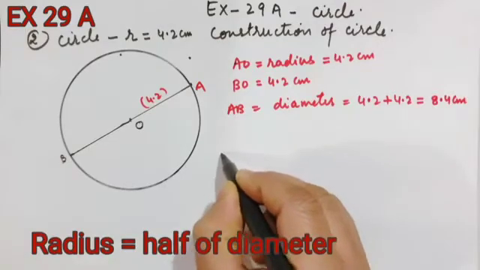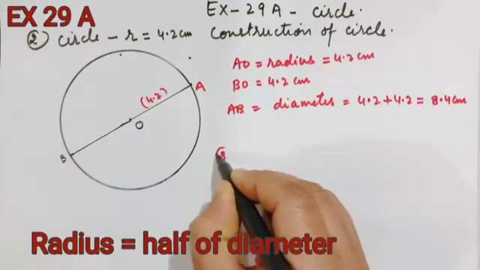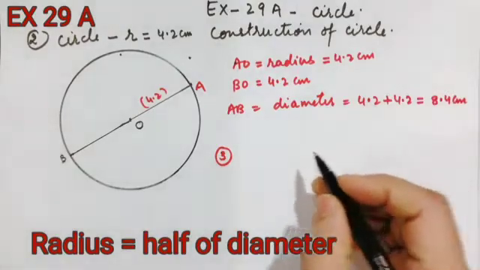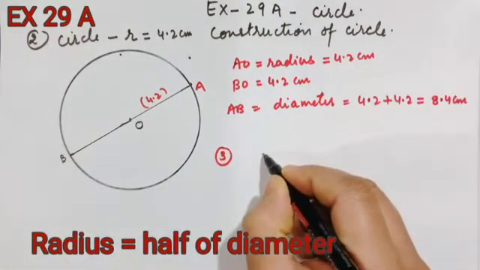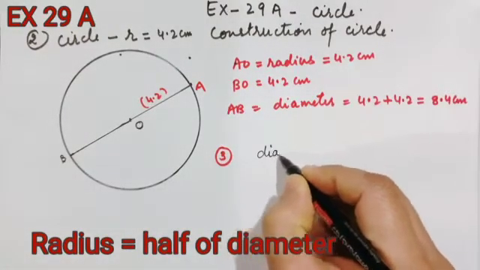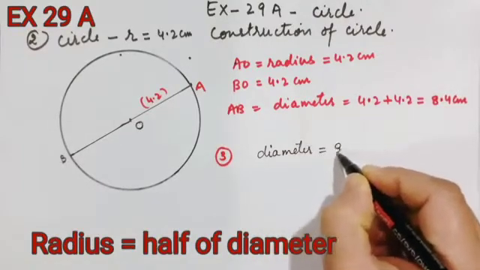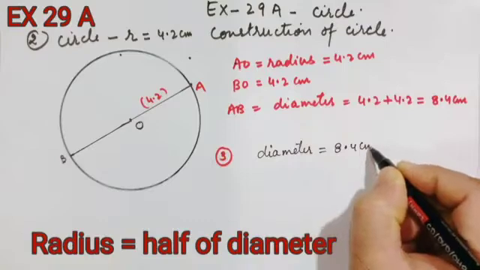We can solve number 3 over here. Okay, why waste pages? They say draw a circle with diameter as 8.4 centimeter. So they have given you the diameter of the circle as 8.4 centimeter.